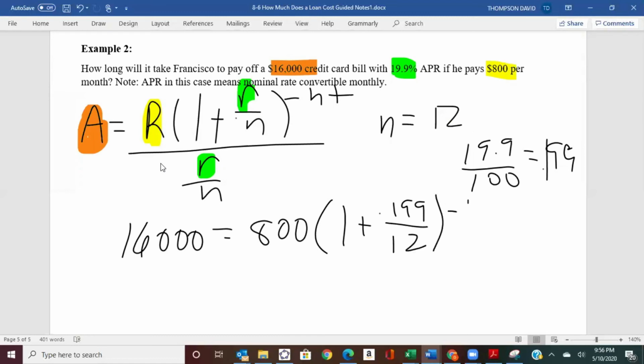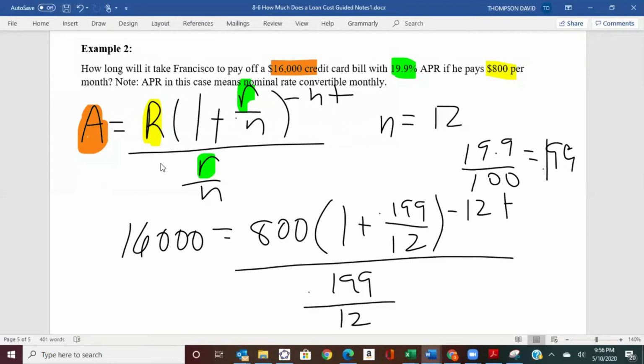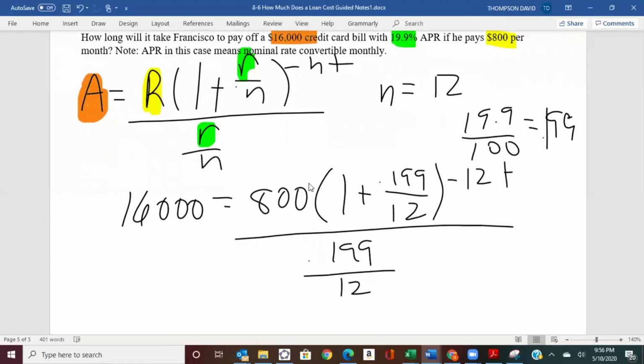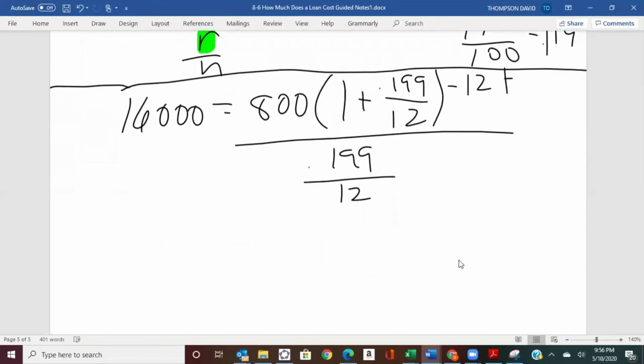So the negative 12t, all that over 0.199 all over 12. So what we're going to do is put this into a calculator, and we're going to look for a point of intersection. So we're going to use Geogebra.